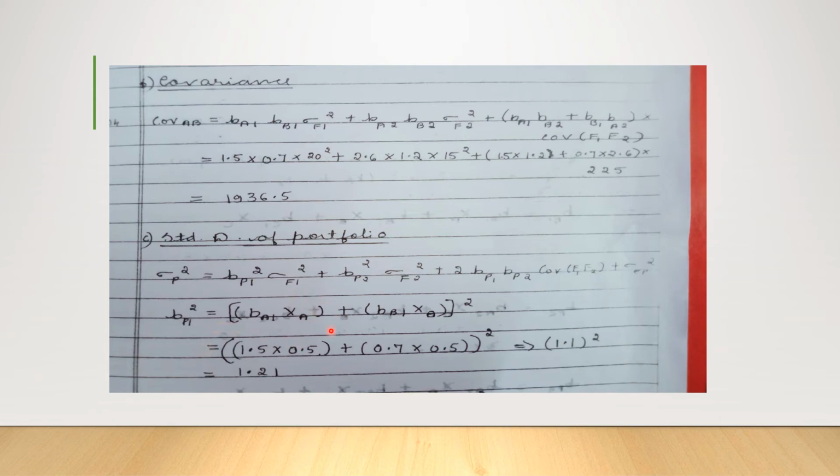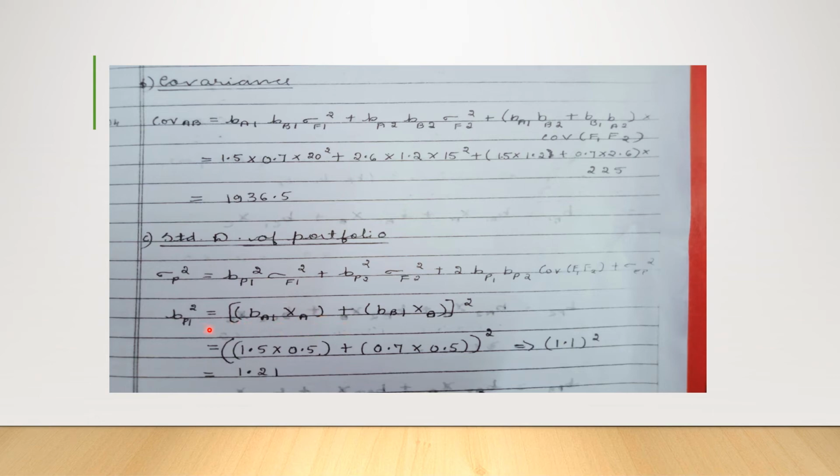Here we have to find BP1 square. The standard deviations of the factors are given, but you have to calculate the sensitivity because the proportions are given. The proportion of the individual securities has to be considered.